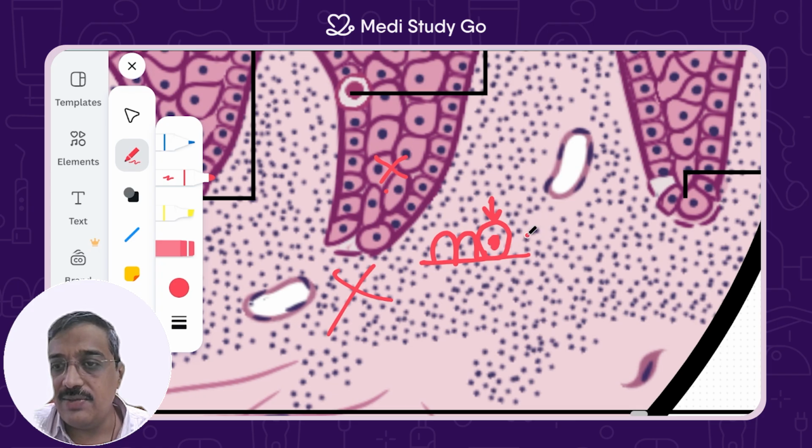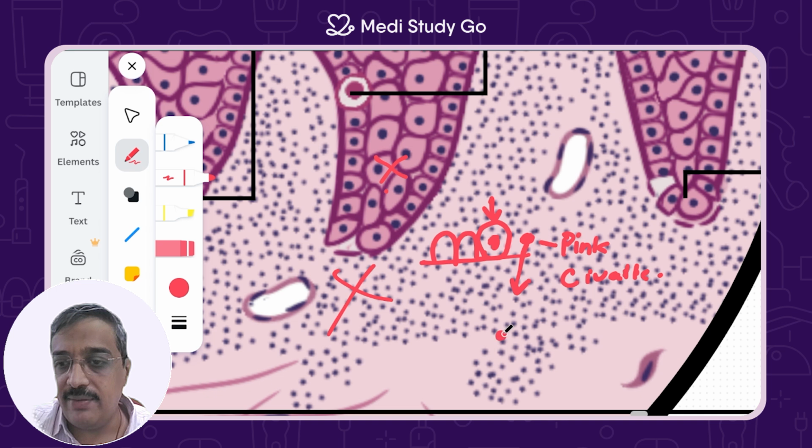Sometimes the basal cells will undergo apoptosis and you will get a pink dot in that basal cell region. This is called the civet body. Sometimes this apoptotic epithelial cell will fall into the connective tissue and get surrounded by a lot of immunoglobulins. This appearance of immunoglobulins around the apoptotic body inside the connective tissue is called the colloid body.